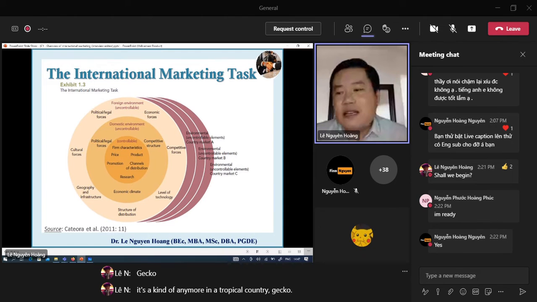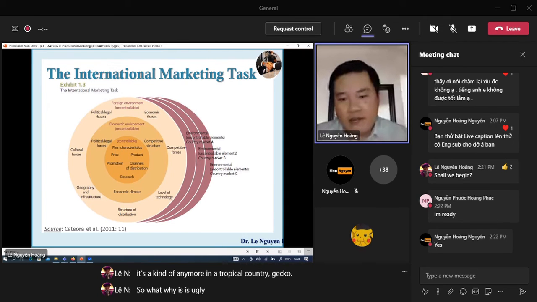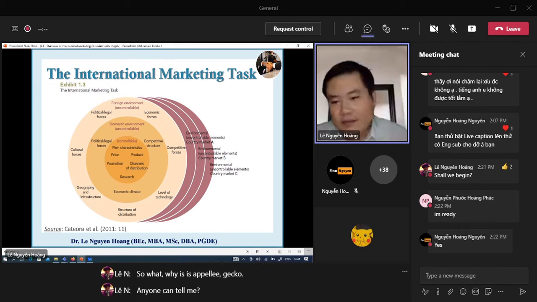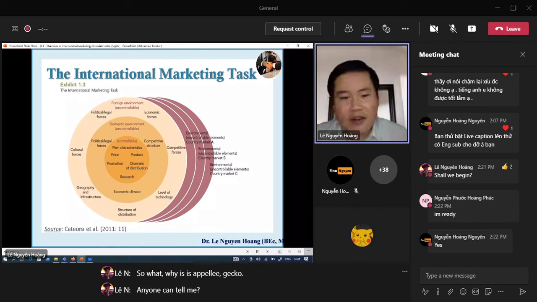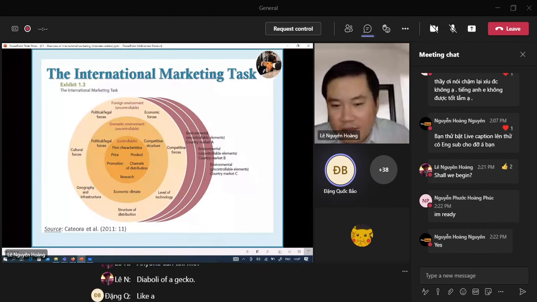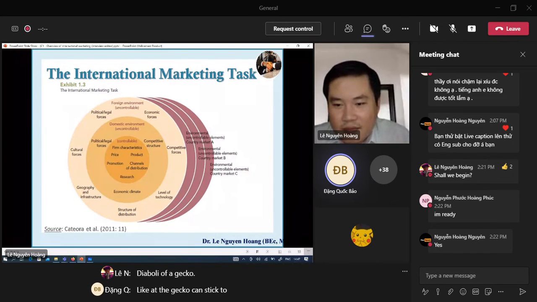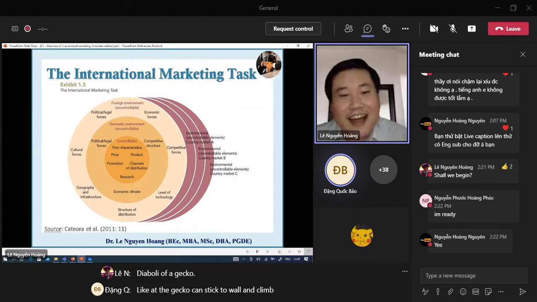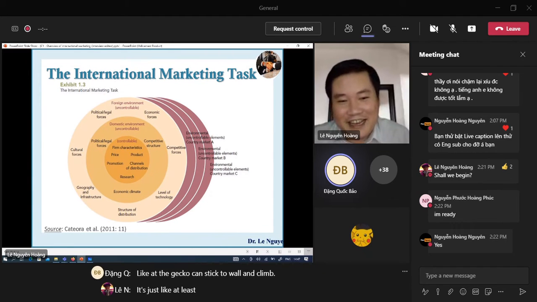So what is its ability, the gecko? Anyone can tell me? The ability of a gecko. Like the gecko can stick to walls and climb. This is like a lizard. Yes.